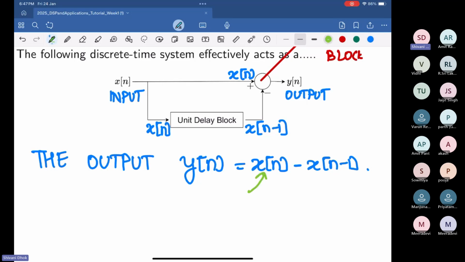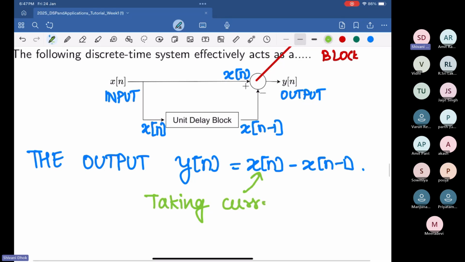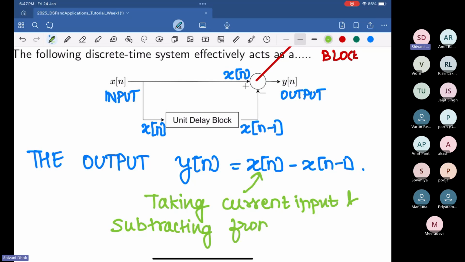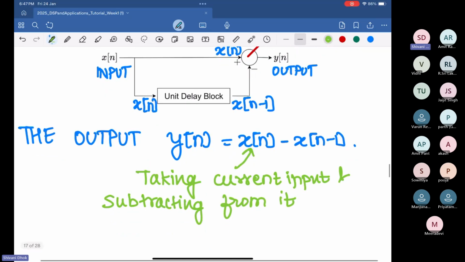This is basically taking the current input and subtracting from it the input in the previous time instant.